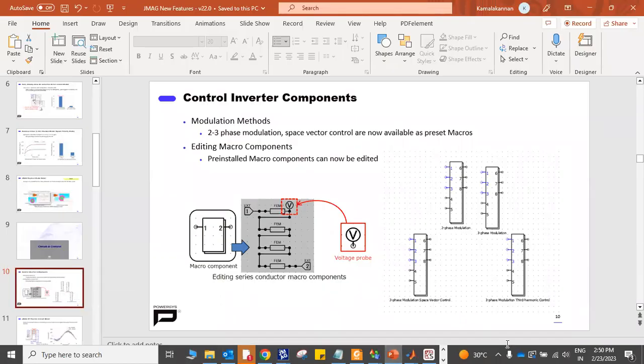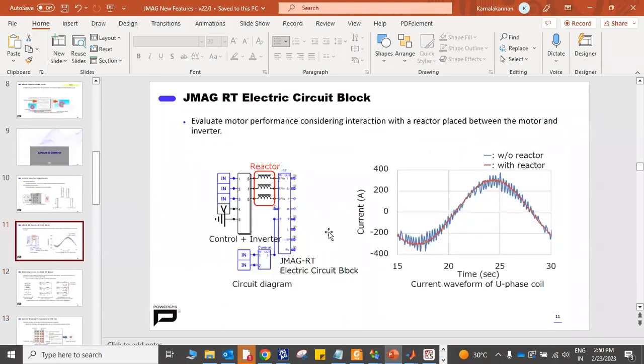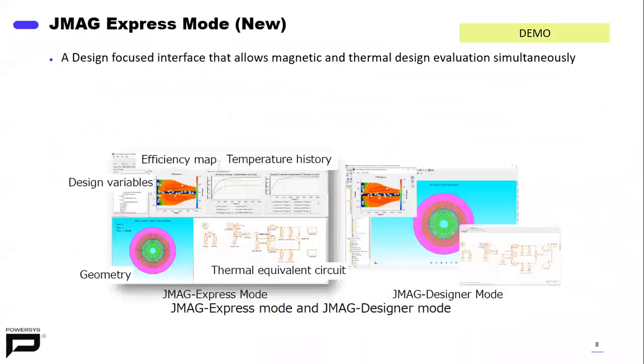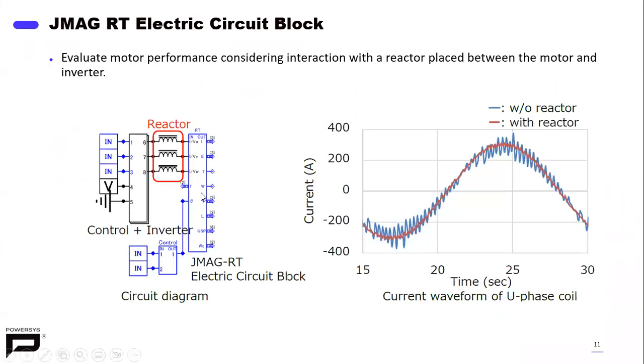So that is one enhancement that has been made in this version. And the next thing is regarding the RT block. Here we can see that we can introduce a reactor between the inverter circuit and the motor phase terminals, in which we can see the harmonic content is drastically reduced.